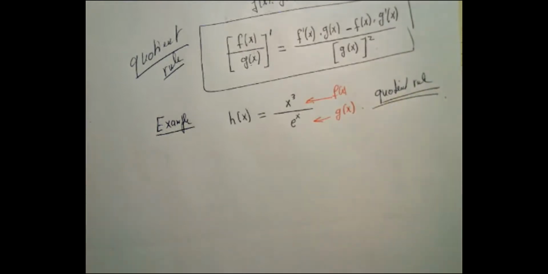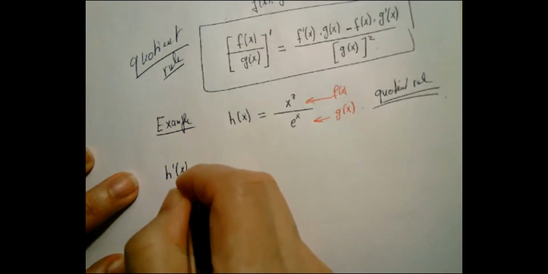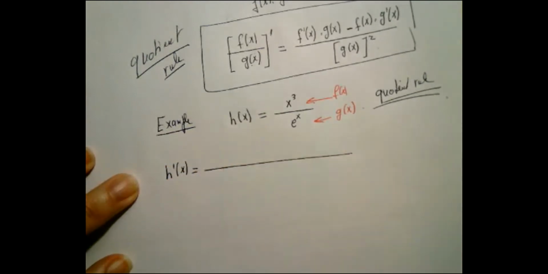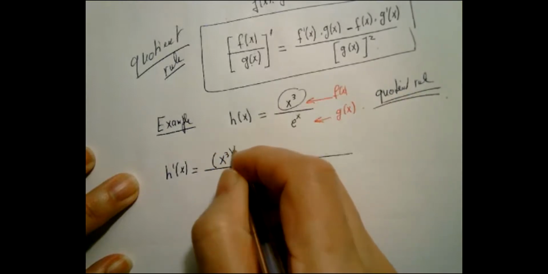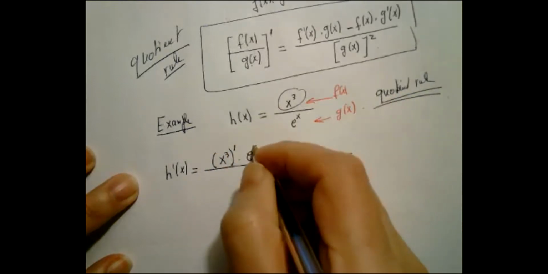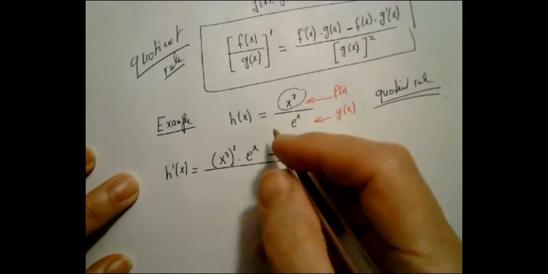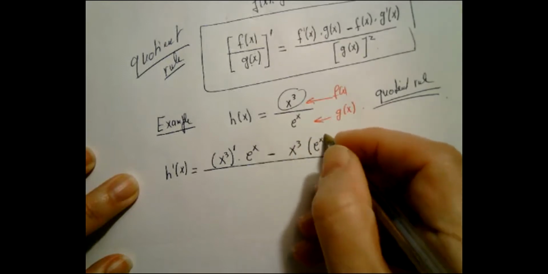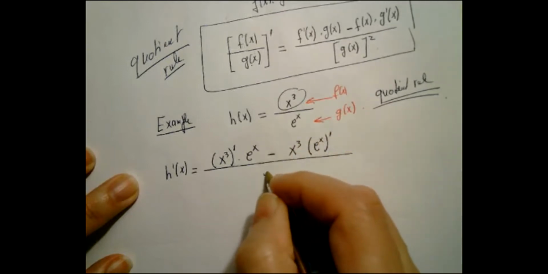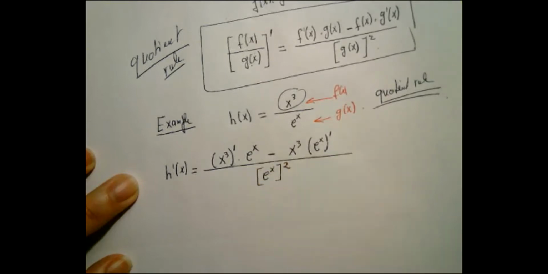Okay, so what does the quotient rule tell me? h prime equals, and I will use it verbatim. The derivative of the numerator times e to the x, minus the numerator times the derivative of the denominator, the whole thing divided by the denominator squared.